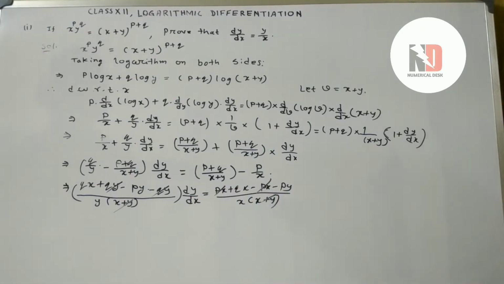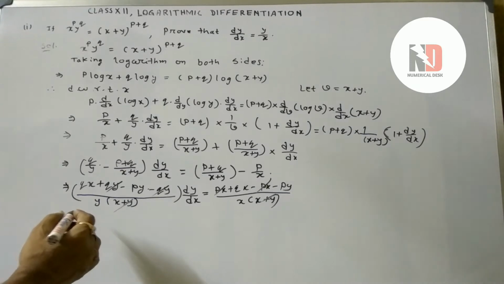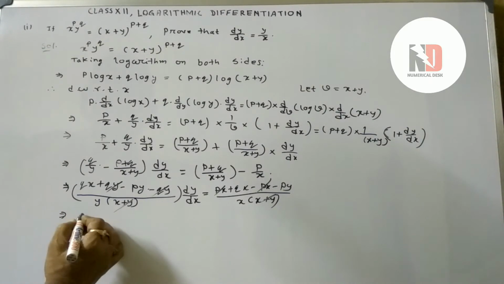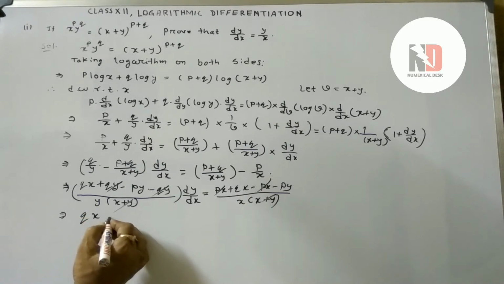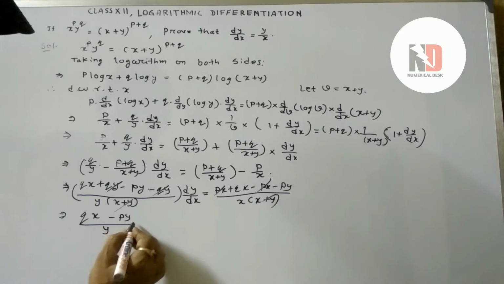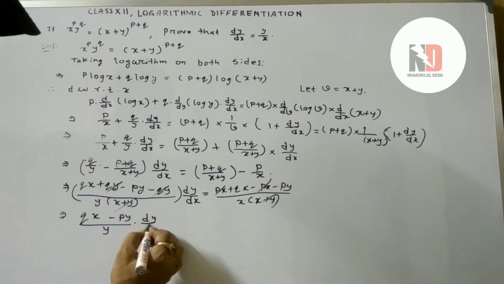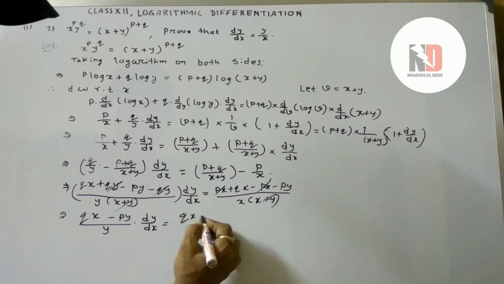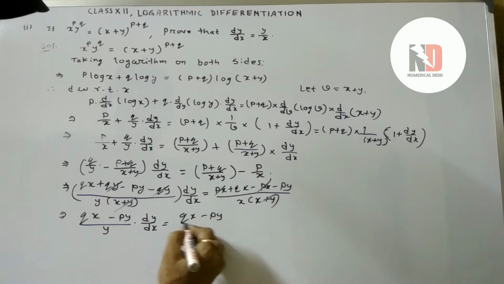Now let's see what is the next step. It is qx minus py by y only. On the right hand side also, peculiarly, see the interesting point, again py by x.